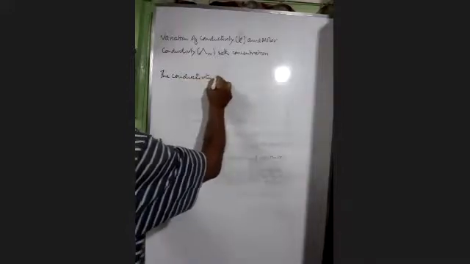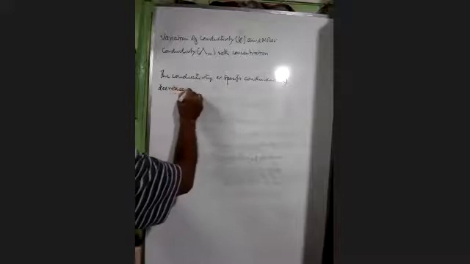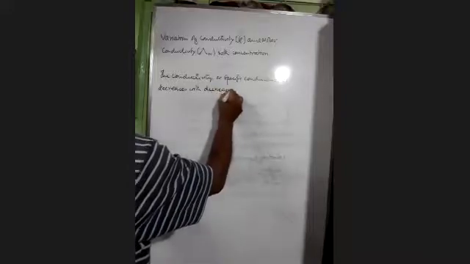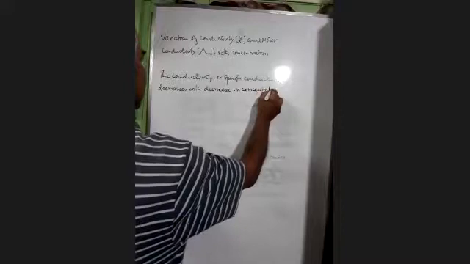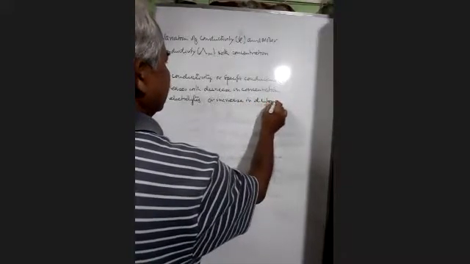So you can write now. The conductivity or specific conductance kappa decreases with decrease in concentration of electrolyte, or increase in dilution. Why?